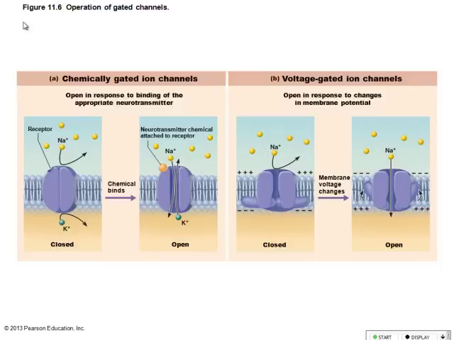So resting membrane potential is achieved by these membrane proteins that are working very hard against the concentration gradient to achieve membrane potential. And remember, resting membrane potential is more positive on the outside and more negative on the inside.